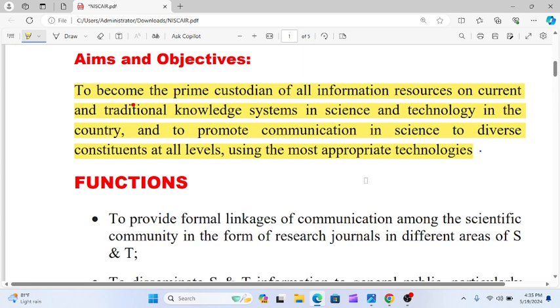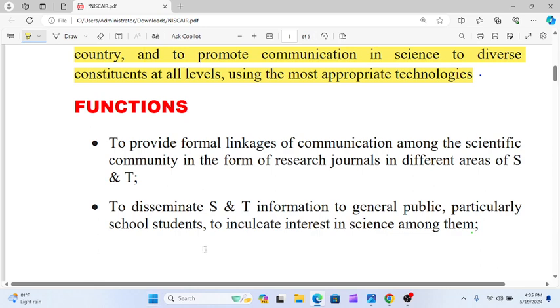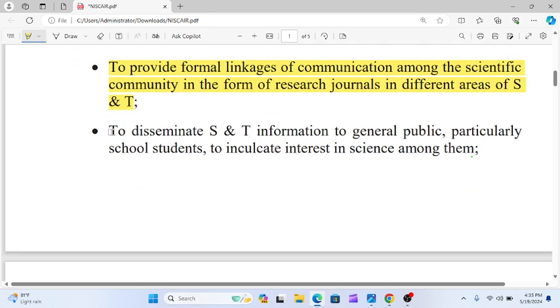So these are the functions of NISCAIR: to provide formal linkages of communication among the scientific community in the form of research journals in different areas of science and technology; to disseminate science and technology information to the general public, particularly school students, to inculcate interest in science among them.